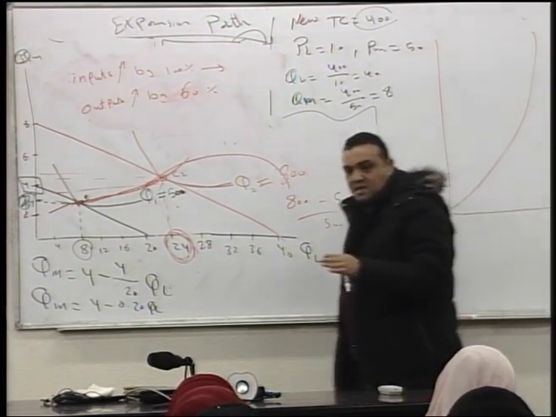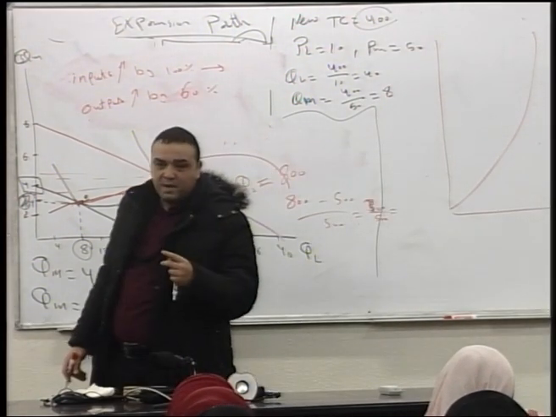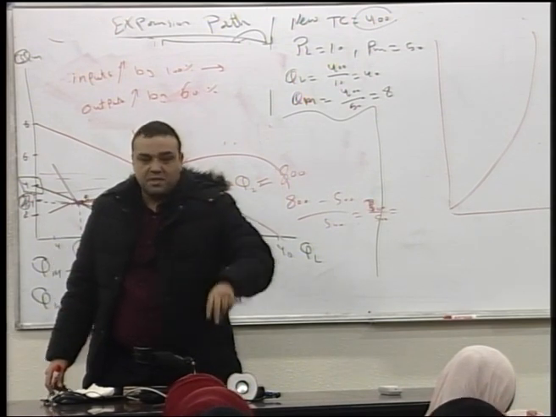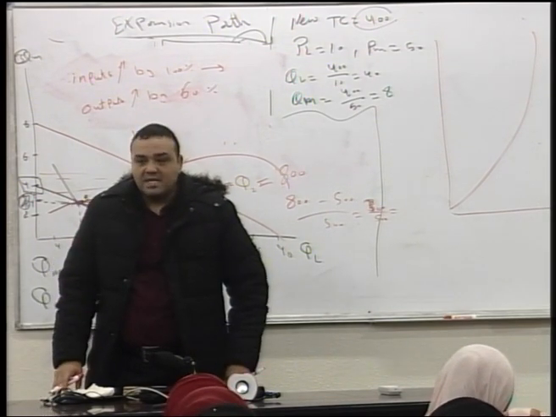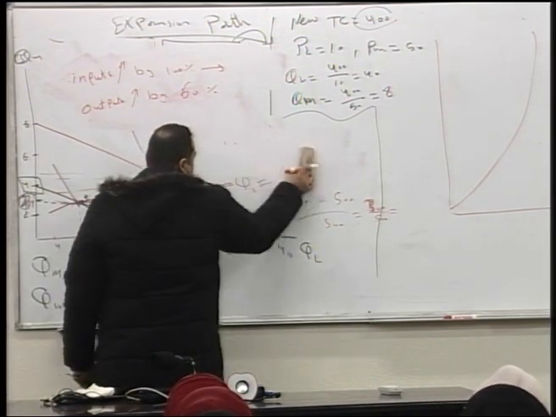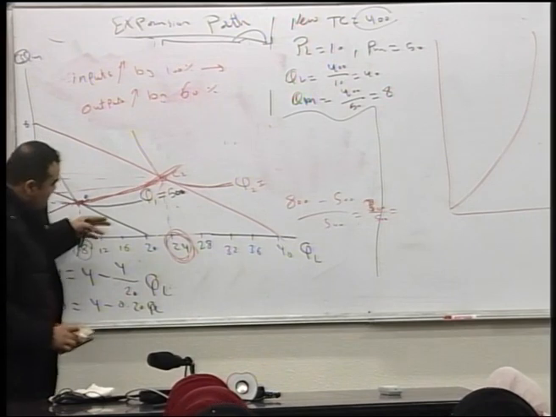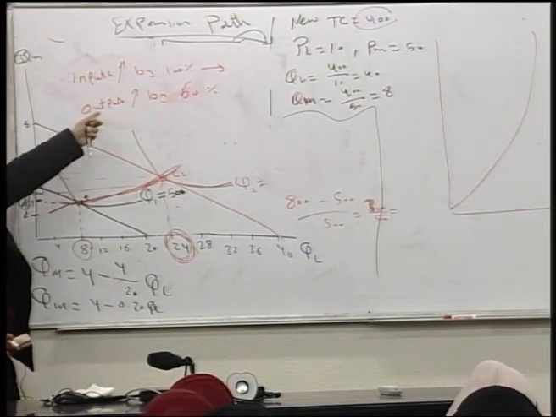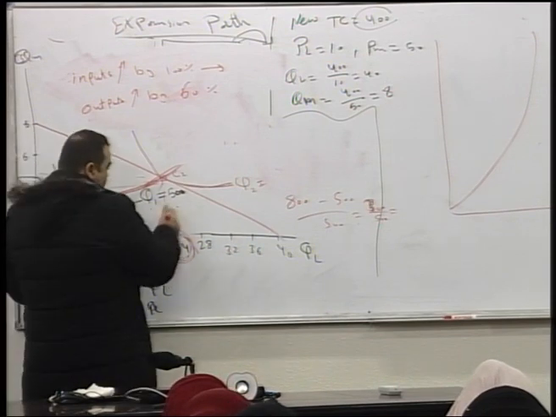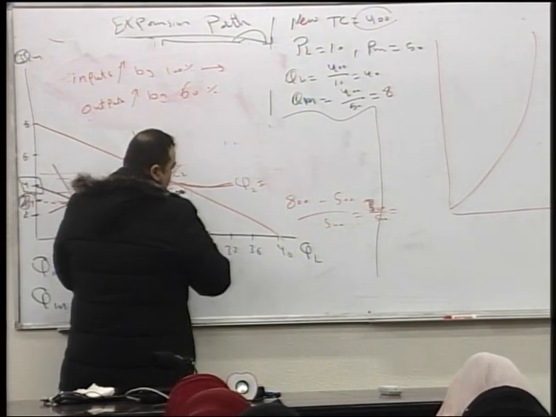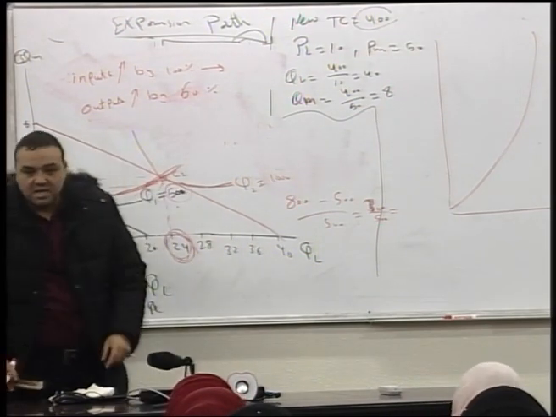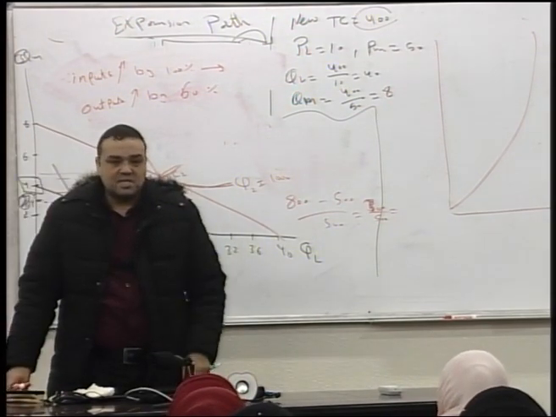If the inputs increased by 100% and the outputs increased by the same amount, 100%, that is constant returns to scale. Which means if the inputs increased by 100% and Q increased from 500 to 1000, the outputs increased by 100% as well.